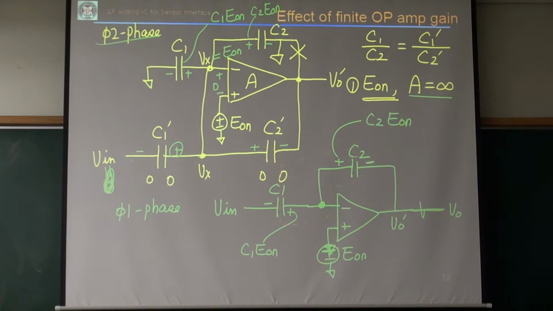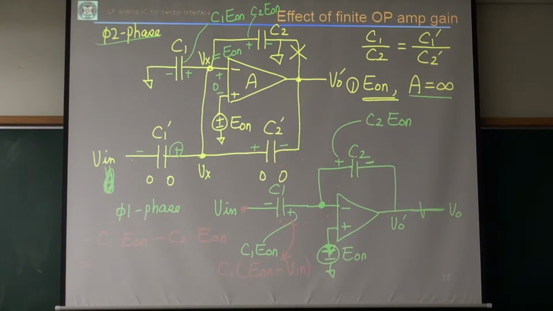Initially, the sum of charge inside that cassette is this one. At the end of phi2 phase, those charges will be redistributed. Then this charge must be C1 Eon minus Vin, right? Because of Vin there.